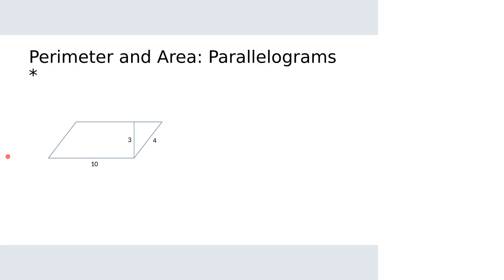Again, we don't have units. We're not concerned. They could be inches, miles, kilometers, centimeters. I don't know what they are. That's okay. We're after the numerical answer for perimeter and for area.